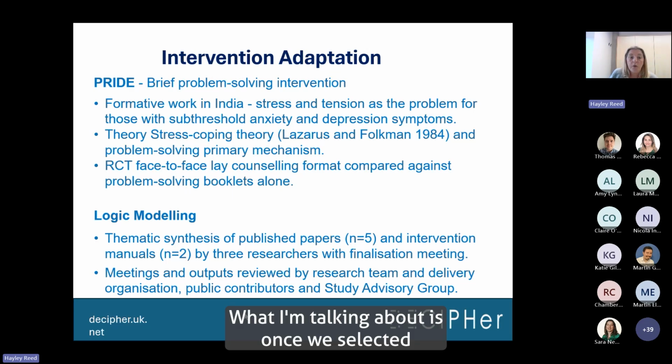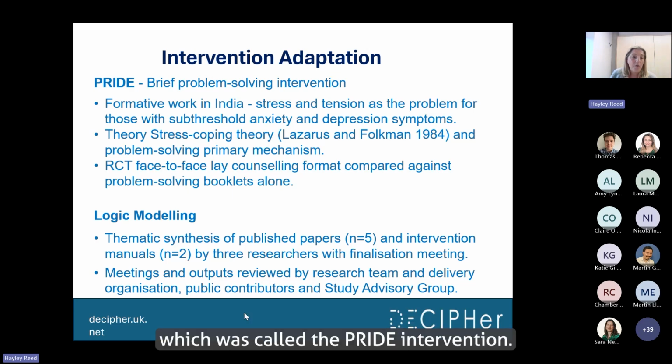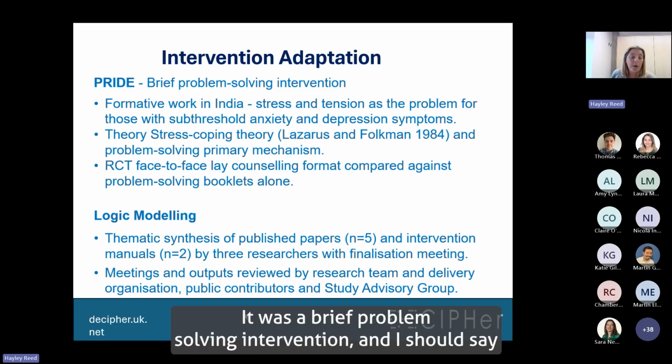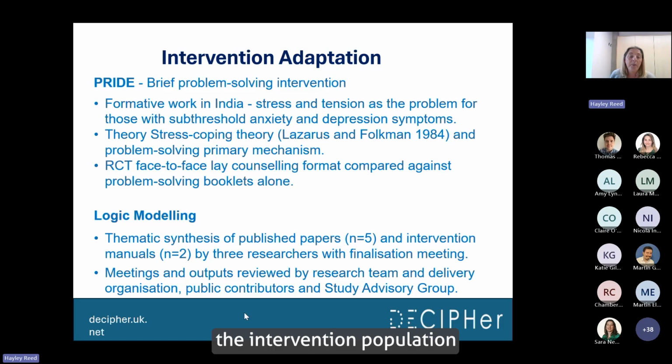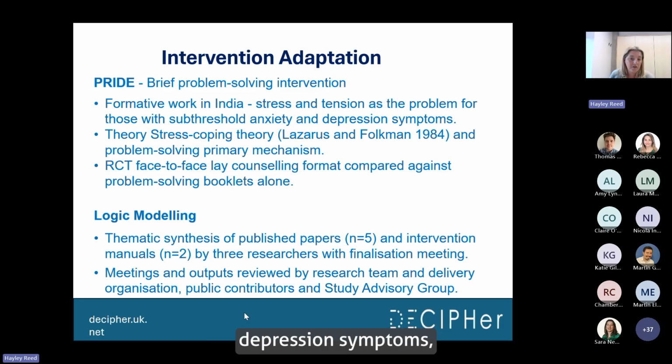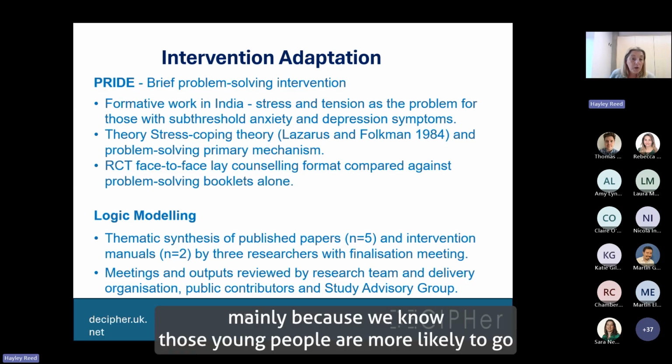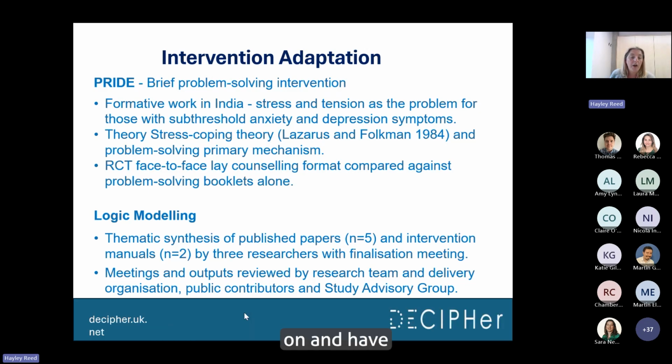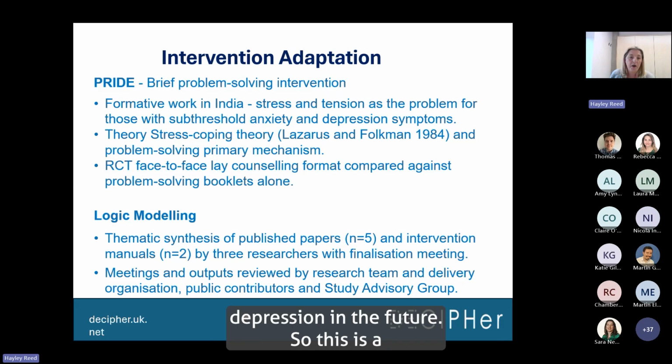What I'm talking about is once we selected that intervention, which was called the Pride intervention. So this was in India. It was a brief problem-solving intervention. And I should say the intervention population we wanted to focus on was those with subthreshold anxiety and depression symptoms, mainly because we know those young people are more likely to go on and have anxiety and depression disorders in the future.